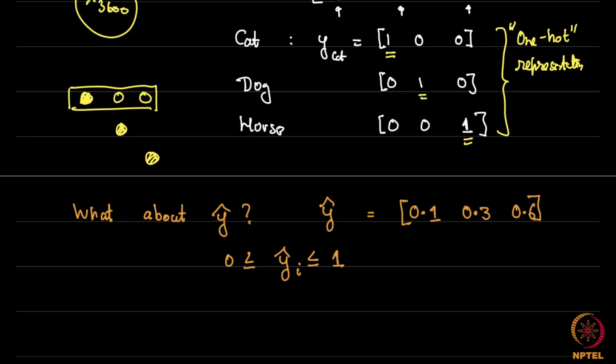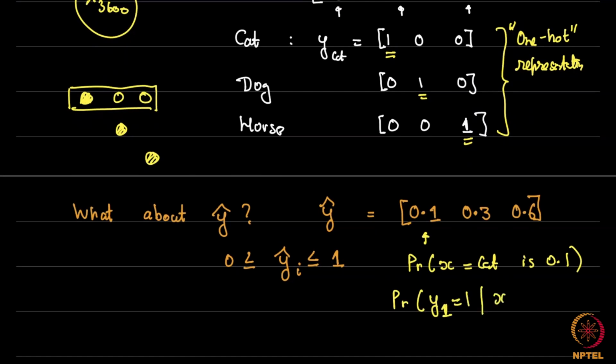Can we interpret this? Actually, it turns out there's a very natural interpretation. This says probability that this x is a cat is 0.1. Another way of saying it is probability that y1 equal to 1 is 0.1.